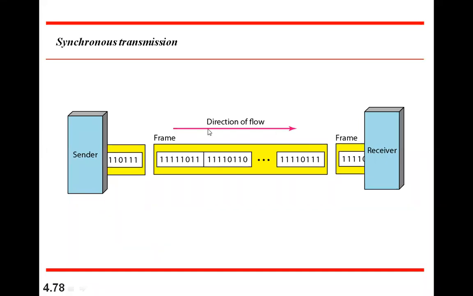That is taken care of in isochronous communication. So that's the difference among these varieties of communication modes: parallel communication, serial communication, asynchronous, synchronous, and isochronous.